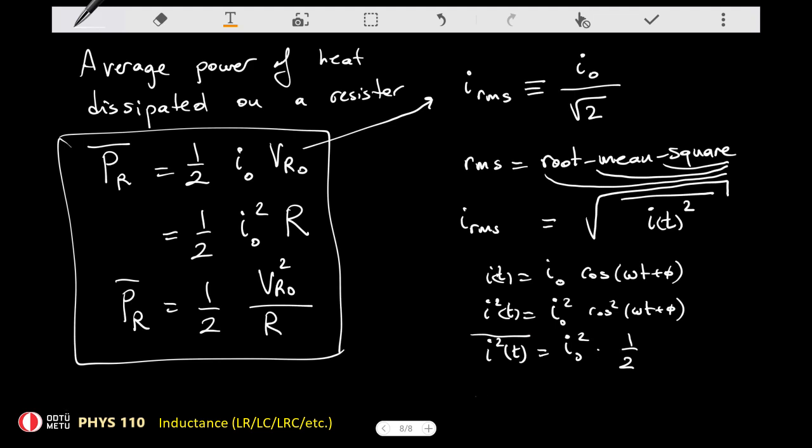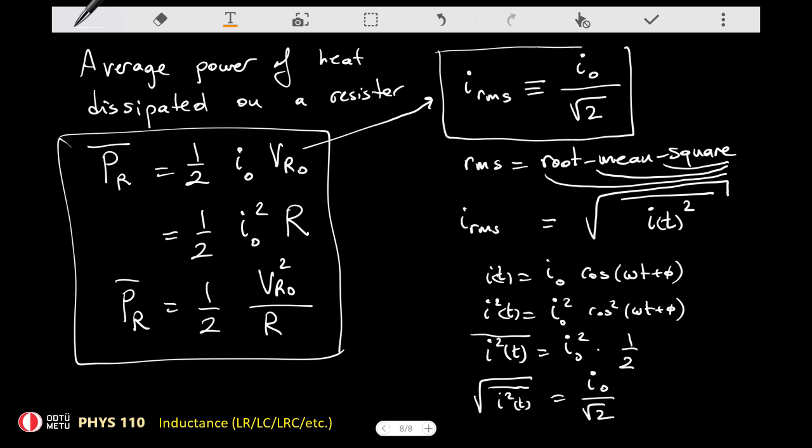And the RMS value, which is the square root of that, so the square root of the average of I squared, is going to be equal to I0 divided by root 2. That's essentially what it means. That's the formal definition, but if the current changes sinusoidally, the RMS current is basically the amplitude divided by root 2.